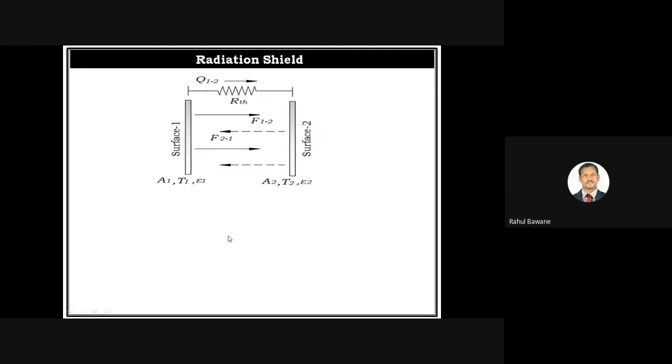One is surface resistance, for surface 1 as well as surface 2. And second is space resistance.